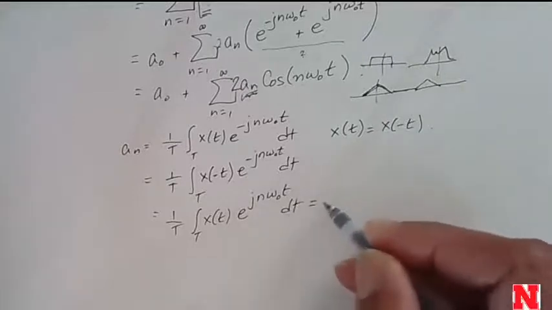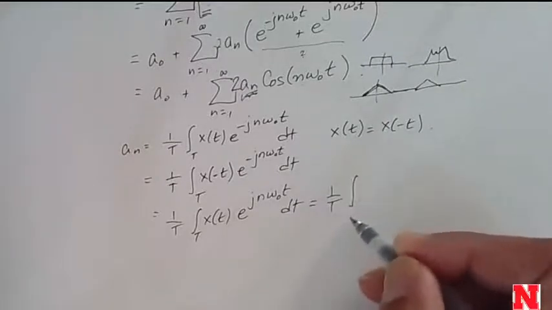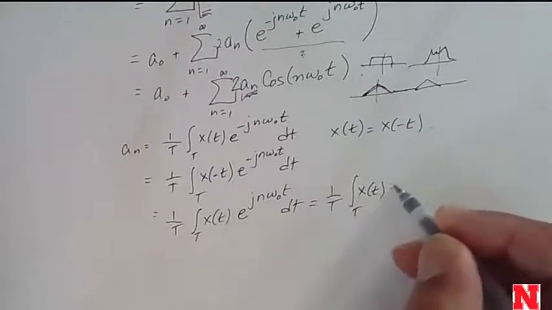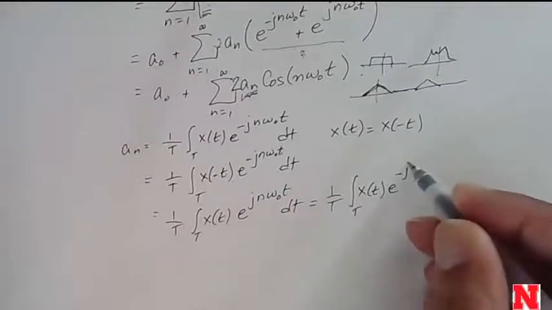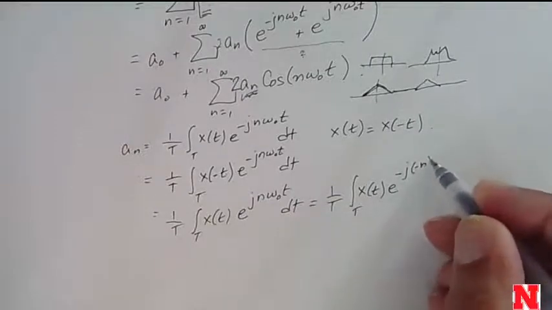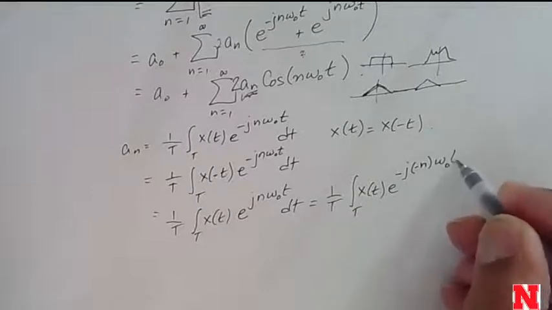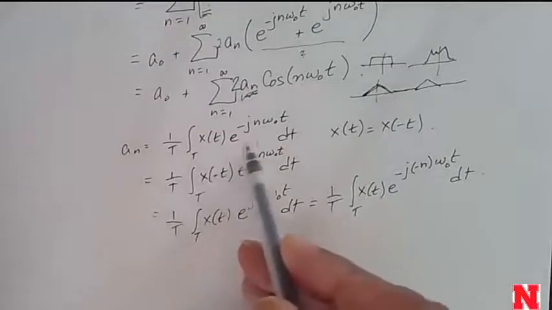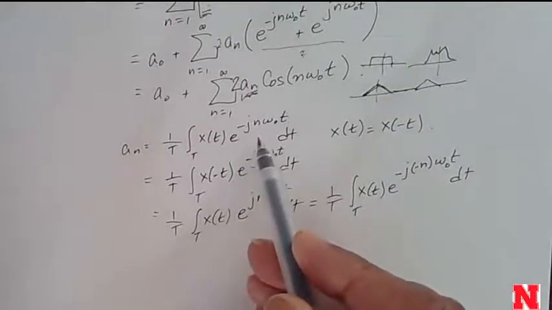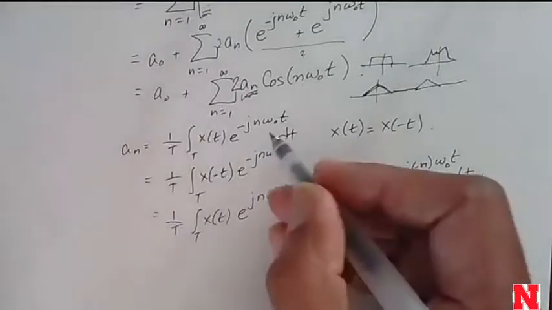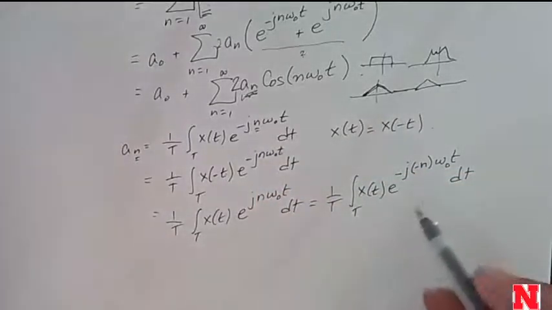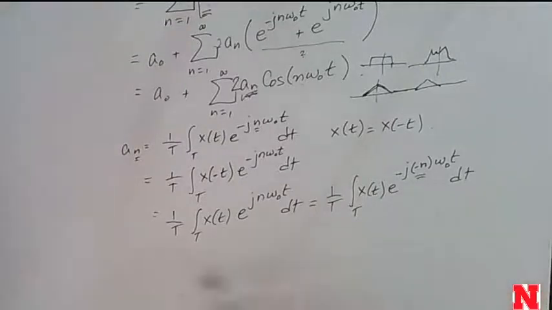And that's equal to 1 over T integral over T of x of t. I can write this as e to the minus j and bring another minus in here. When we look at generating the Fourier series coefficients, this is n, so here I have minus n, and this will be equal to a sub minus n.